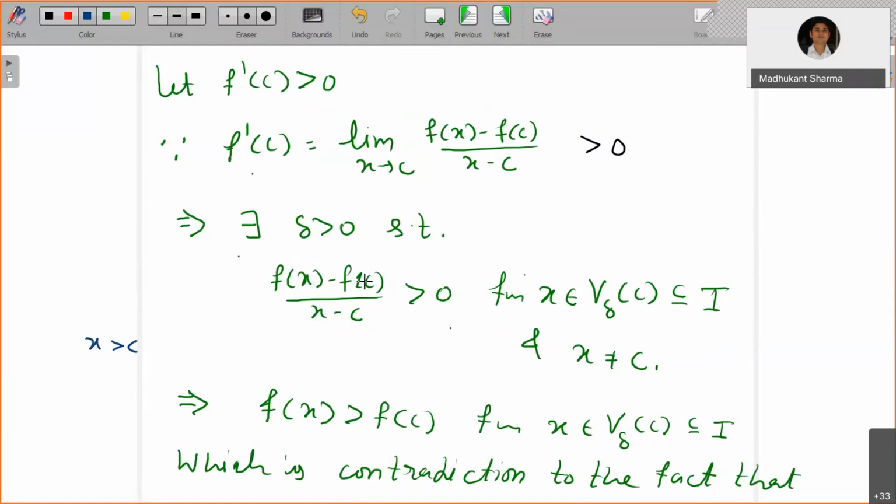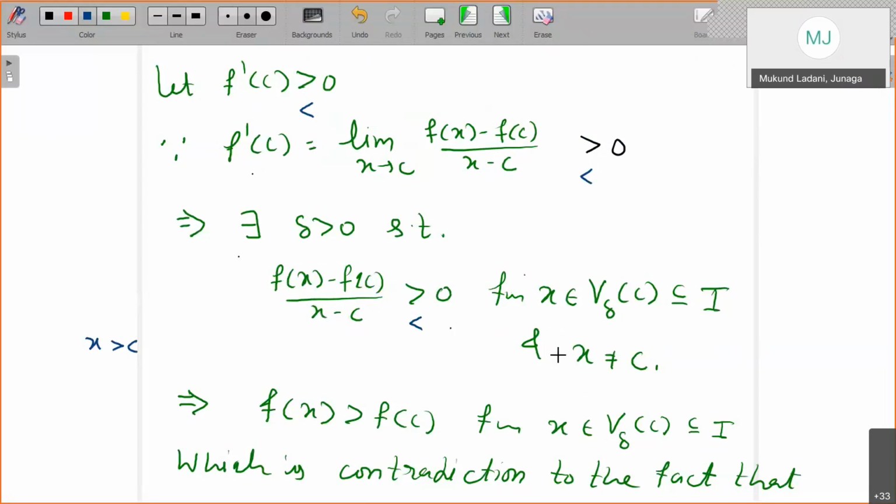Now in the next case, suppose this is less than 0, for x in this neighborhood.